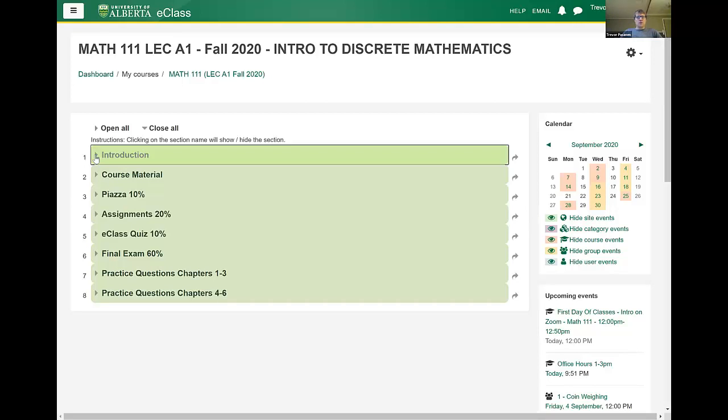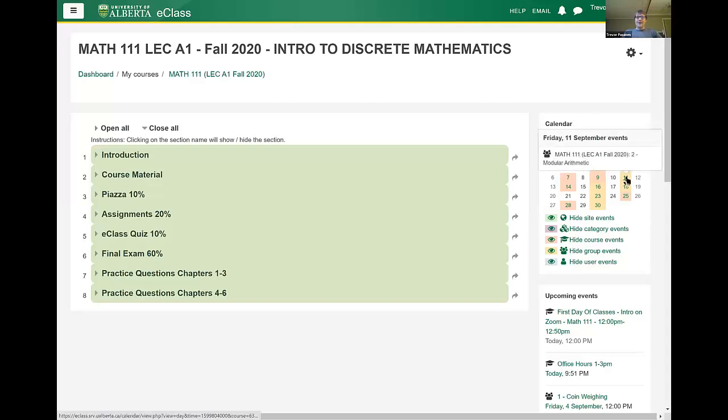Okay, so probably the most important thing that you can see on this page, if we navigate over to the calendar, I've set up the calendar for the whole semester. So if we click through, you can see details all the way up to December. And you can see the highlighted dates in different colors. So there's a bit of a color code. Everything that is a group in yellow is a video that I want you to watch that I've pre-recorded for the class.